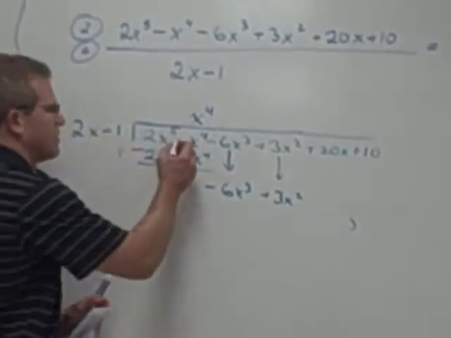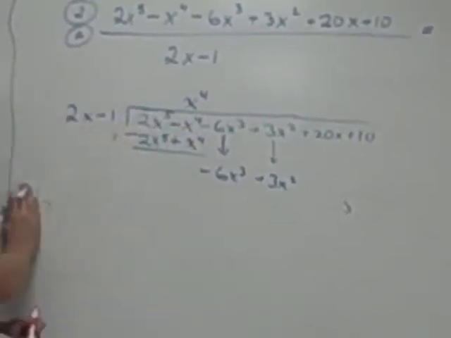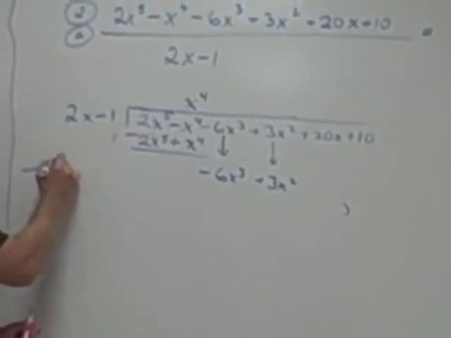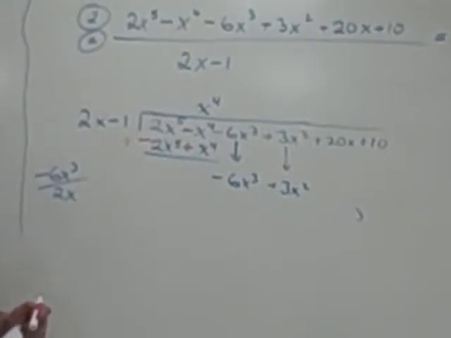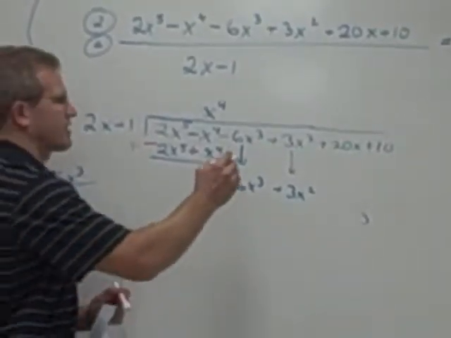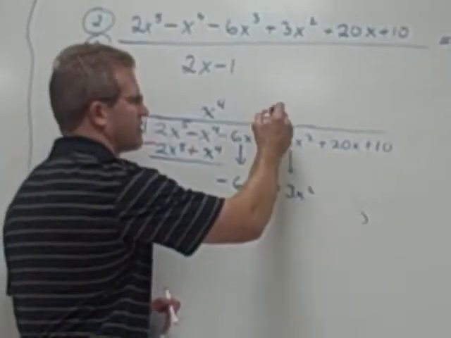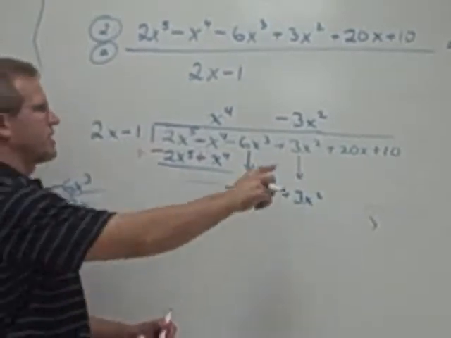So now I'm going to take negative 6x cubed divided by 2x. What's that going to give me? Negative 3x squared. And put it above this x squared. And multiply again.